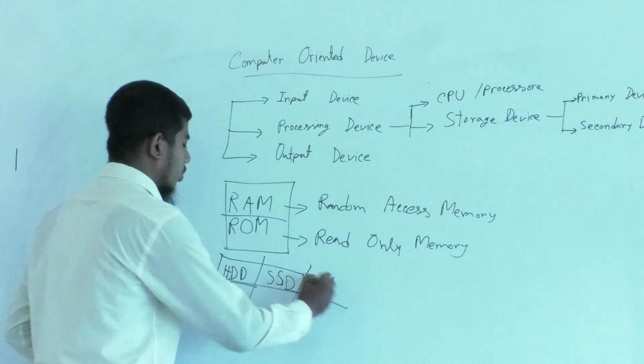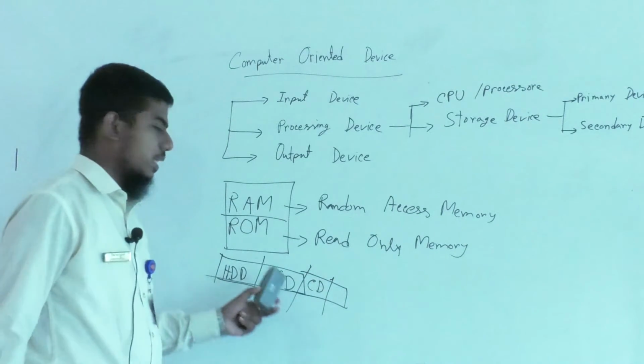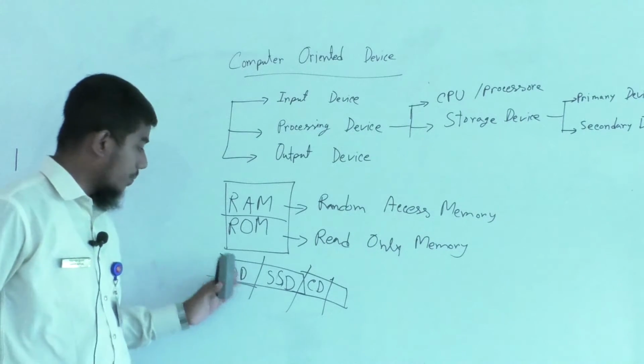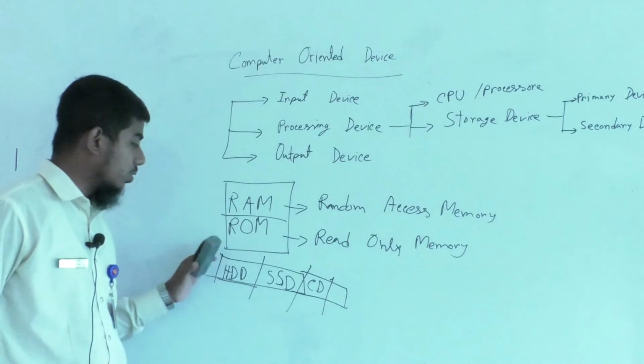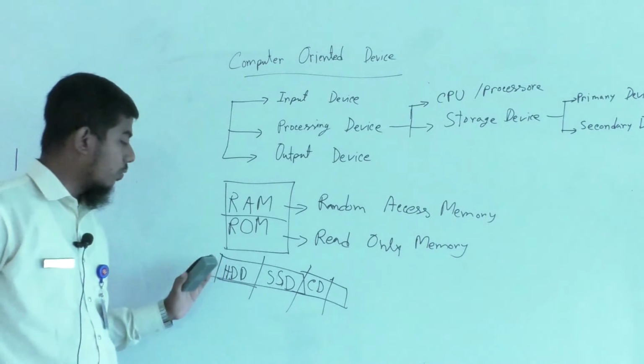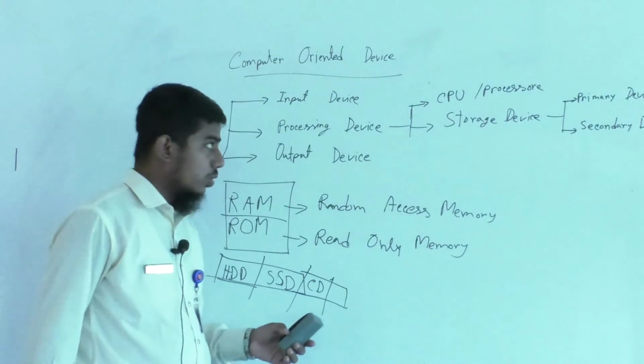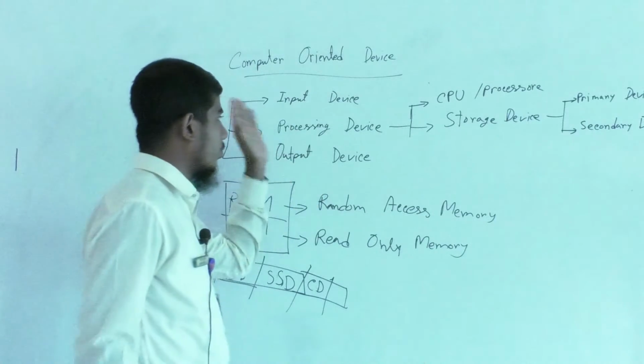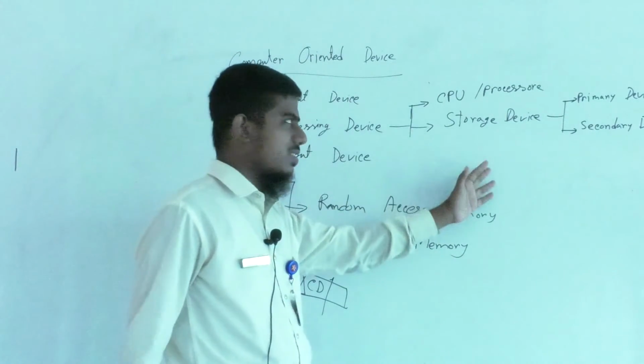Those storages are used for storing data, and if electricity has gone, no data will be lost. So to build a computer, we need an input device, a processing device, and a storage device.